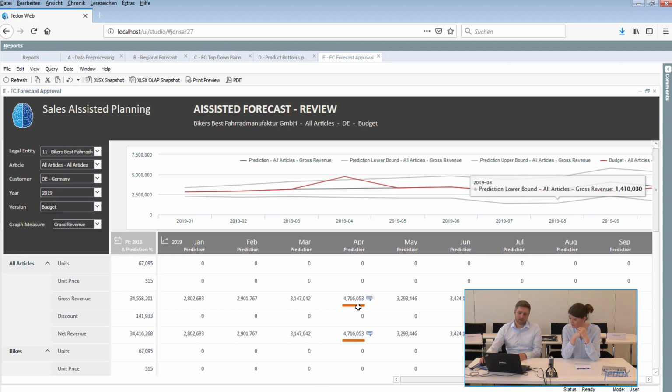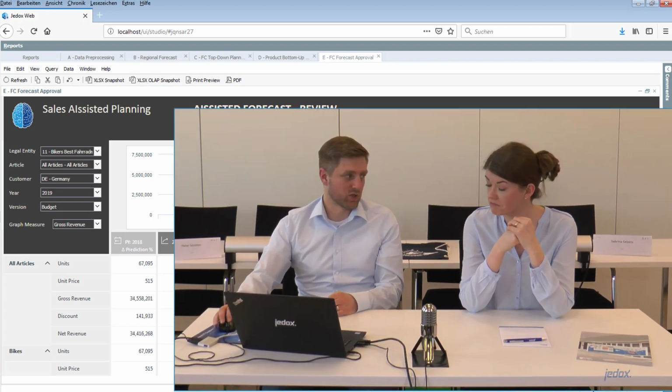And we have this in one slide, so the controller does not have to go through all the values and check them. You can just look at the values which are marked by these upper and lower bounds. Okay, so that's more of a guide: here might be a problem, this is where you need to double check. Exactly.